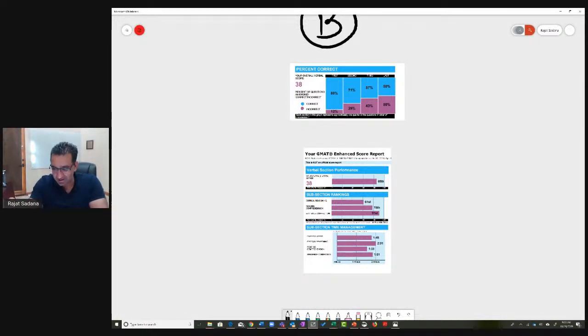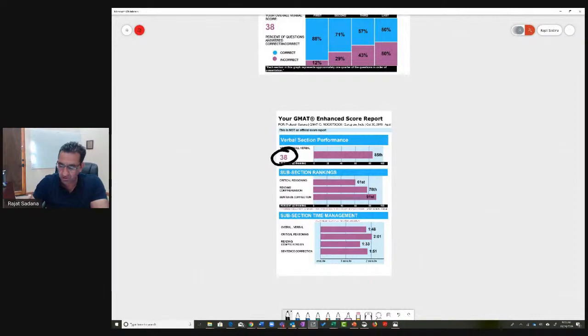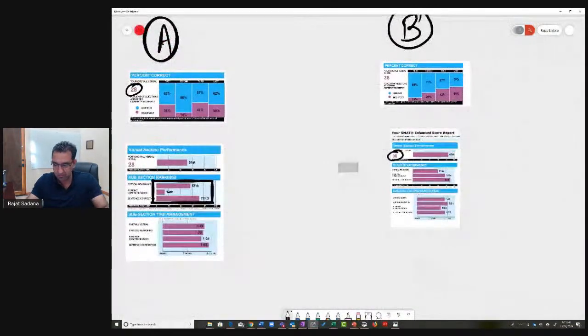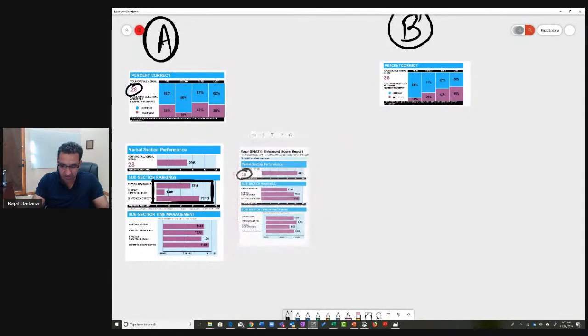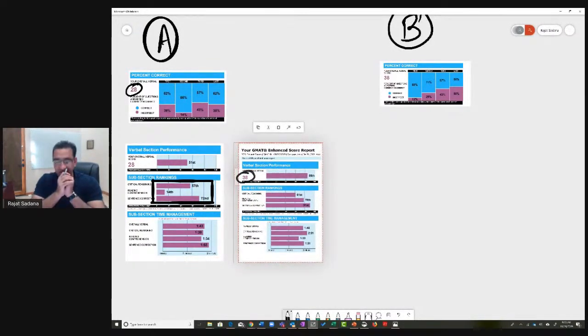But essentially, same guy got a verbal score of 38 over here. But what do you notice when you compare these two? When you compare these two, 28 versus 38, and I will just make it slightly bigger. What do you observe?